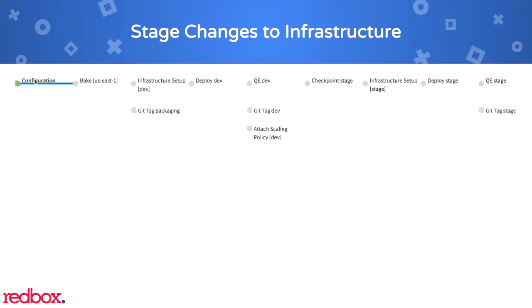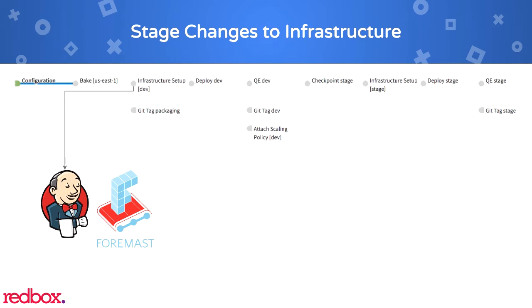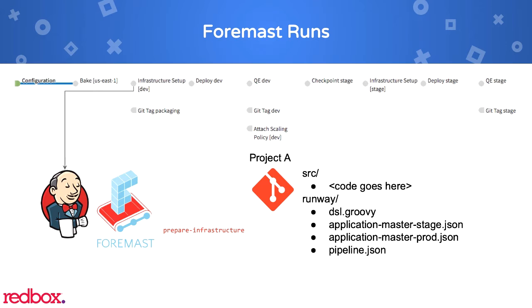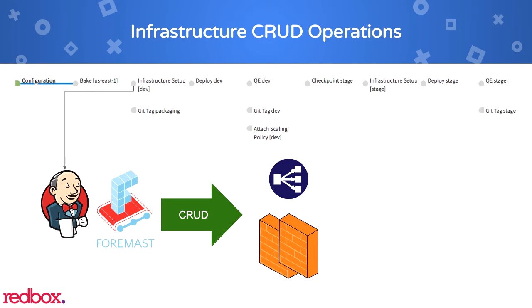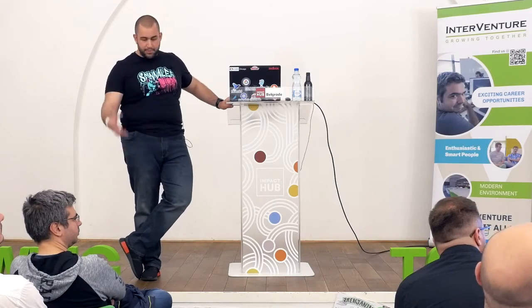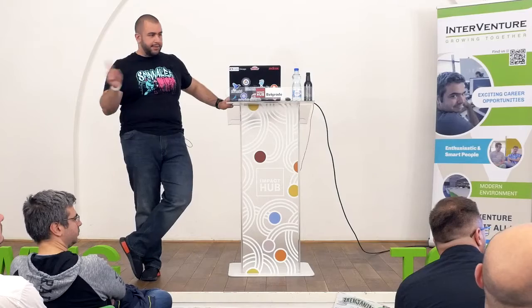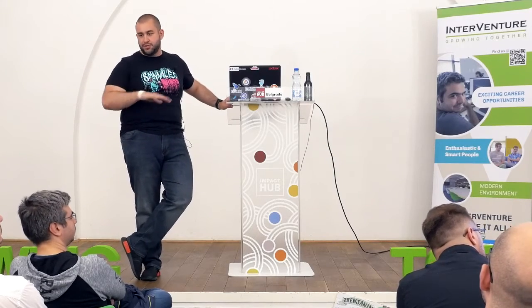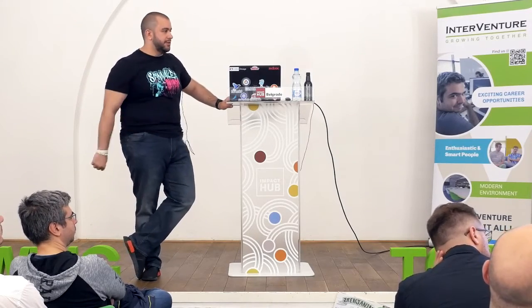So this one runs at that stage right there, infrastructure stage, pulls the source code down, prepares infrastructure, and creates any resources you need. So again, that define change, you define it. When that bubble gets to there, Foremast runs, pulls the source code down, looks at the differences, and makes any modification. It does it in upsert fashion, so there's no shifting of the planet underneath for customers.